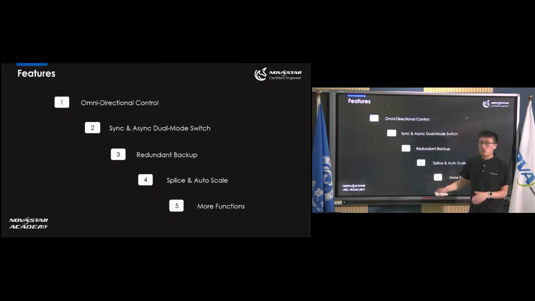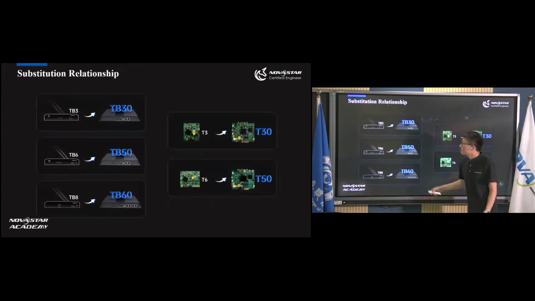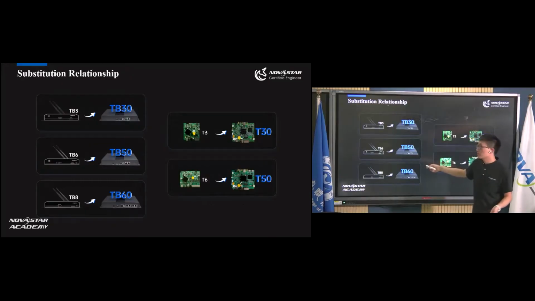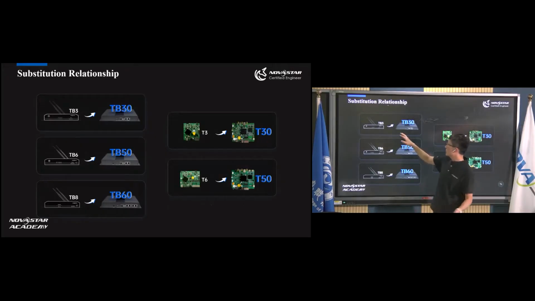And after you know those most attractive features, then I introduce the TB3, TB6, TB8, this is our new generation Terrace box. It's called TB30, TB50, and TB60. And the substitution relationship is shown in this picture.